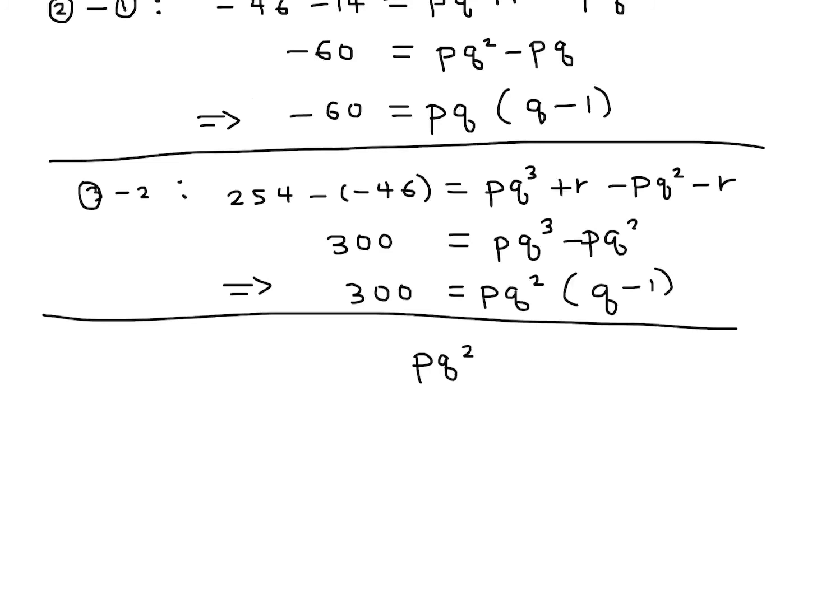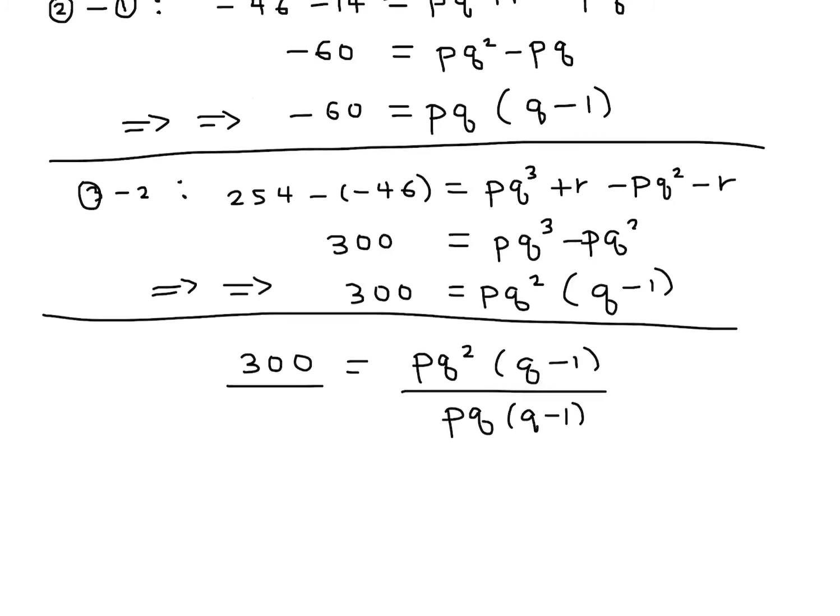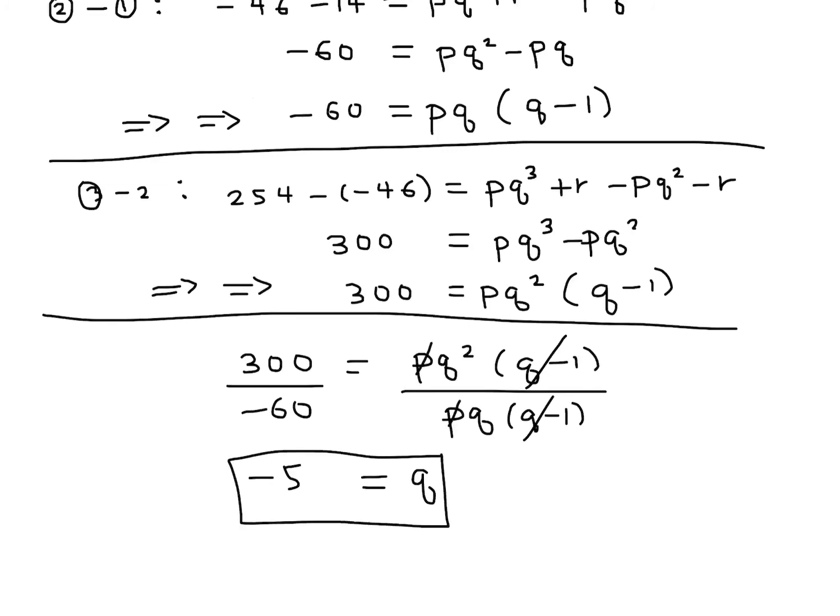So if I make the numerator this one right here, on both sides, and then divide by this equation, you will see that you can isolate one variable. So the left side just becomes negative 5, but watch, this cancels, that cancels, the p's cancel, and you're just left with q. So there you go. We've got q is equal to negative 5.